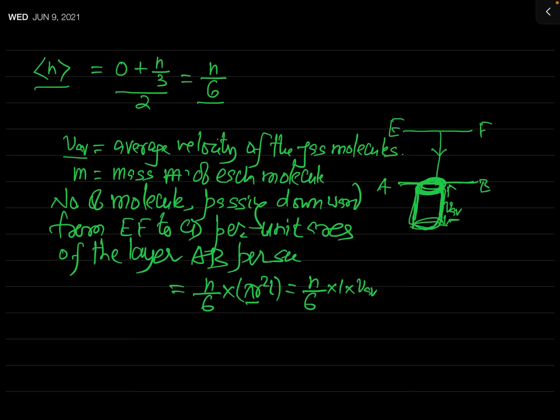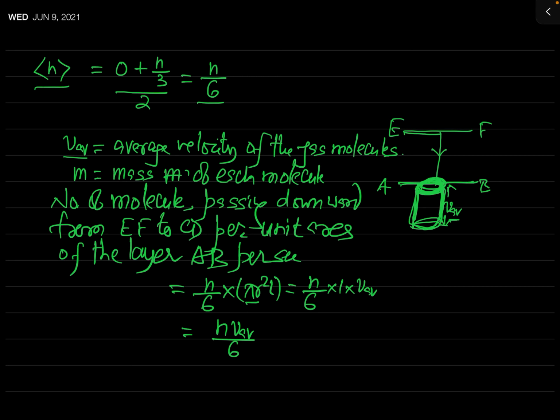So this cylinder has a length equal to V average. So this is simply equal to n into V average divided by 6. So this is the number of molecules that pass in the downward direction from the layer EF to CD per unit area of the layer AB.